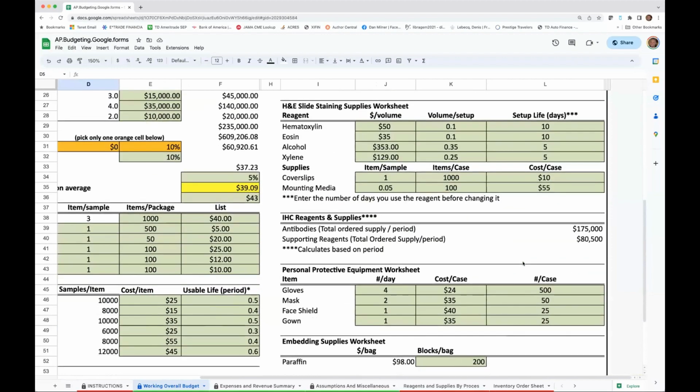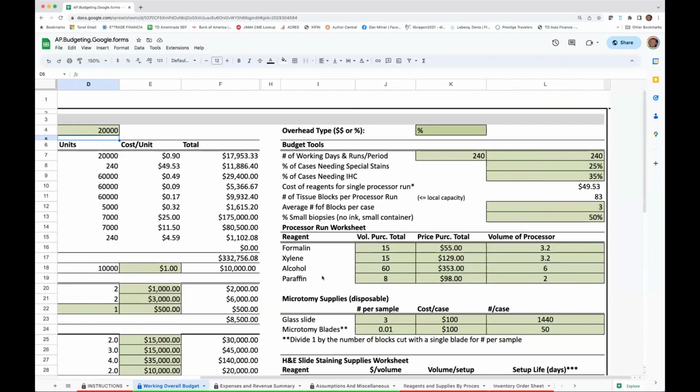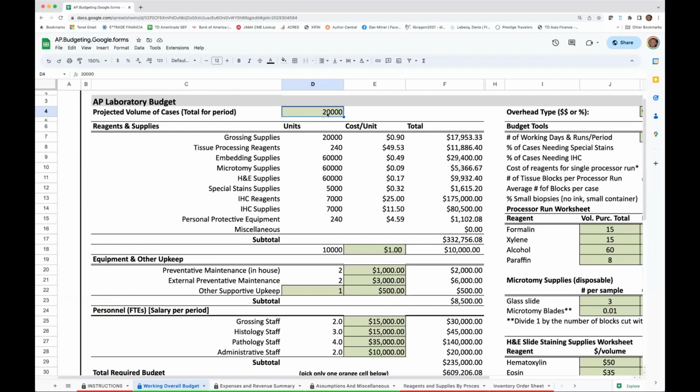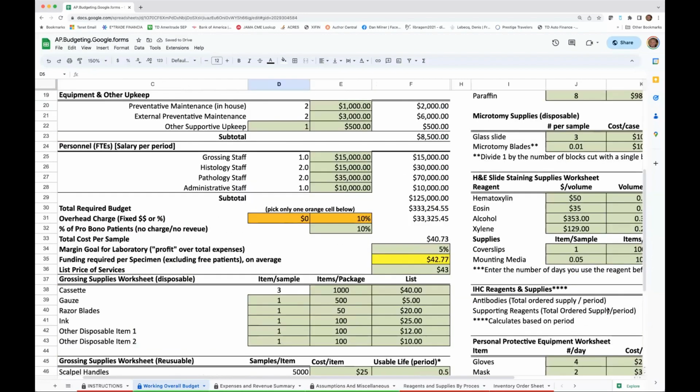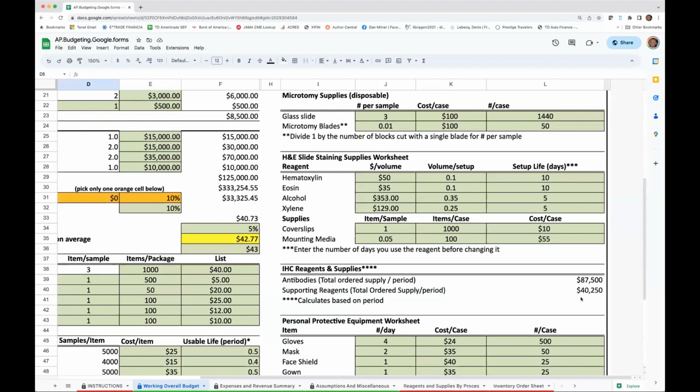But if you look at it from the point of view of, let's go back to 10,000. Okay, so in this model with 10,000, we have 87,500 and 40,250. If we take those 2 numbers and add them together, you can do this on your own if you want to. 87,500 plus 40,250, right?